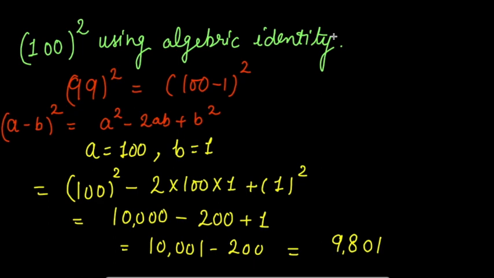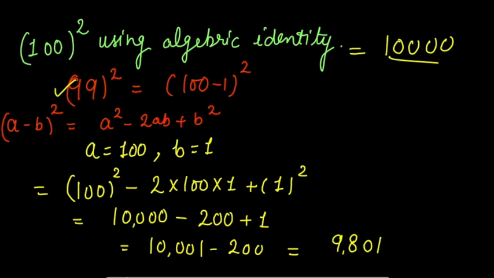As for 100 square, we directly know what it is going to be. So I have taken 99 square so that you can apply the identity (a minus b) whole square, which gives you the square of 99 as 9801.